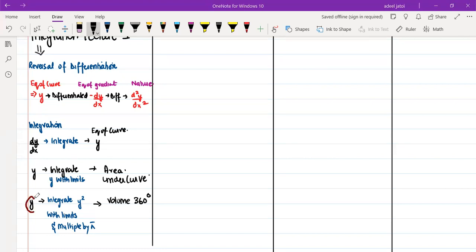We have y. When we integrate y square, that means we apply a square on this y with limits. Limits means upper limit and lower limit. And then we multiply with pi, we get what? Volume.